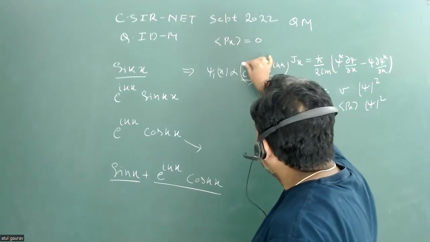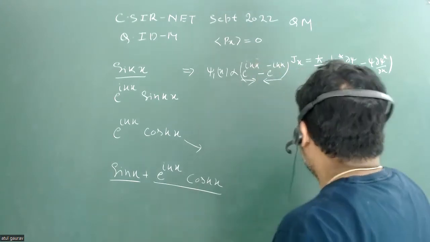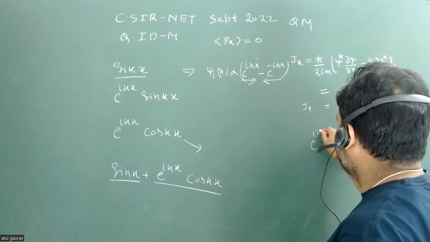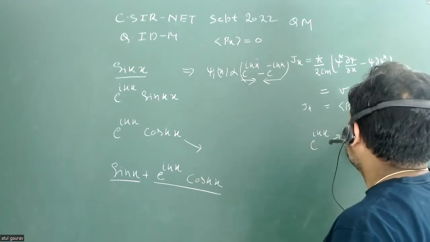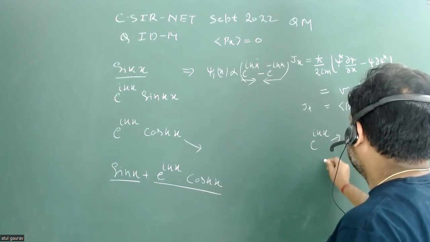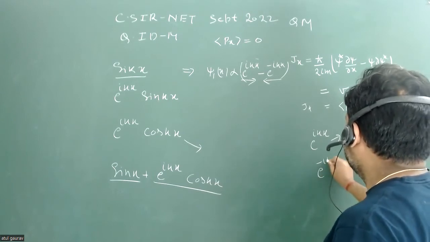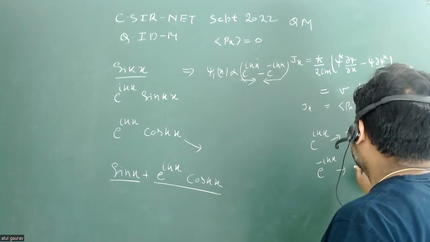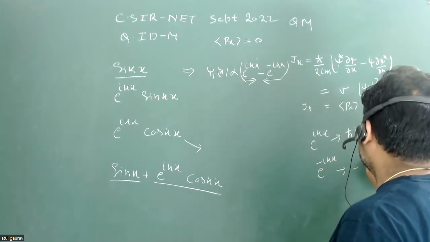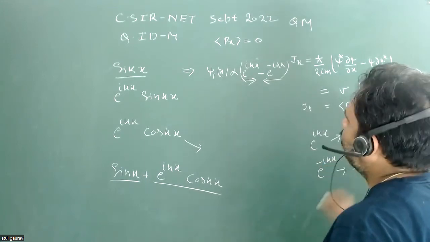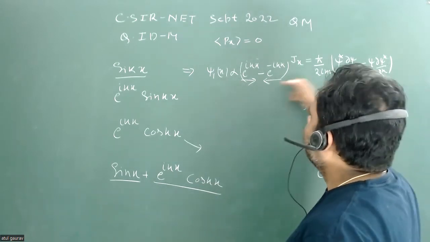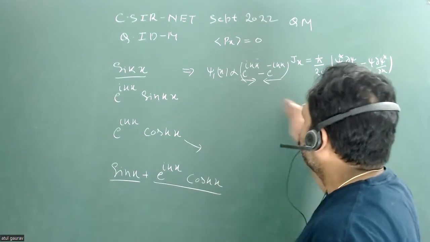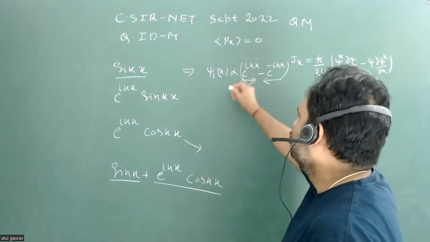You can also understand that e^(ikx) is an eigenstate of momentum with associated momentum ħk, and e^(-ikx) is also an eigenstate of momentum, with momentum -ħk. So the same amount of momentum is coming and the same amount is going outward in the opposite direction.